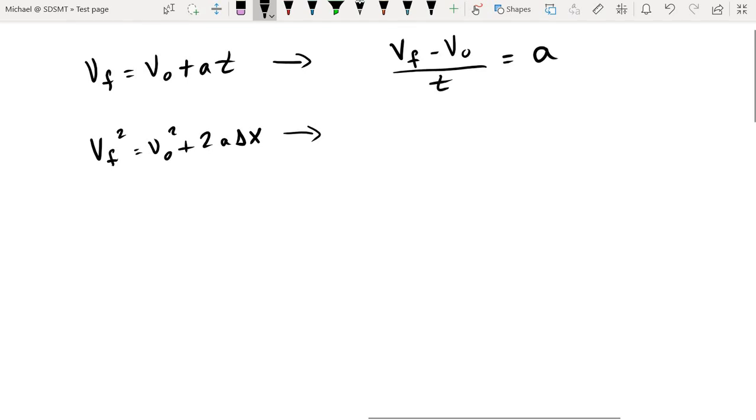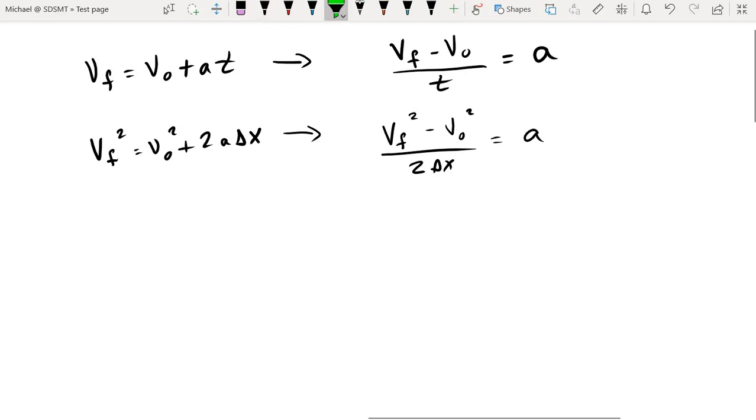So there is the acceleration in terms of the first equation. And then the second equation, I need v final squared minus v initial squared, all divided by 2 delta x. And that is equal to a.